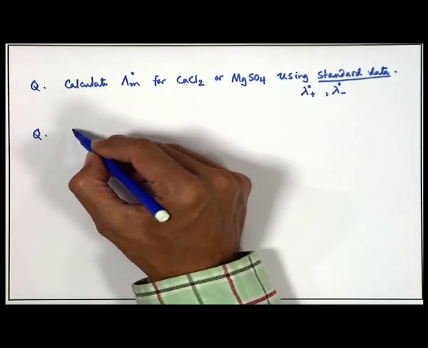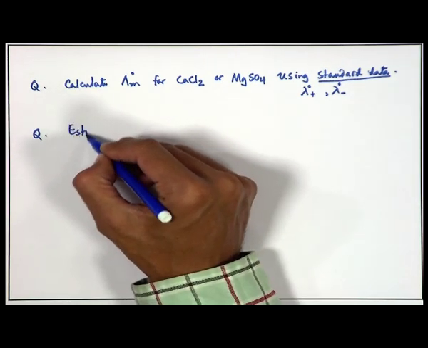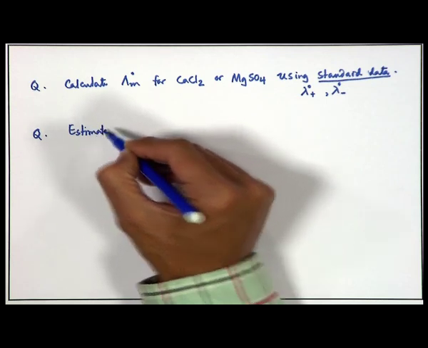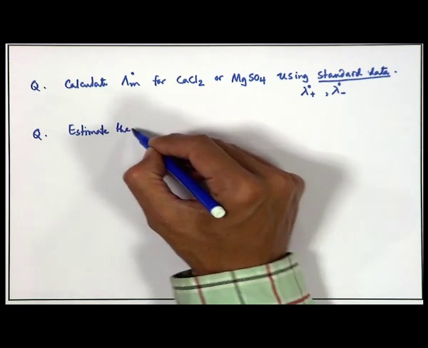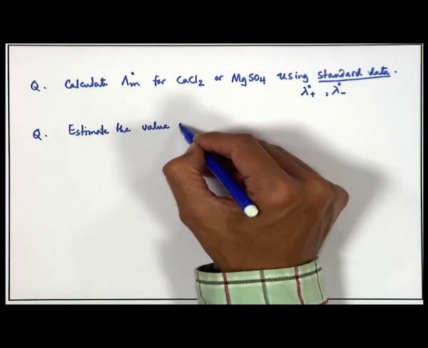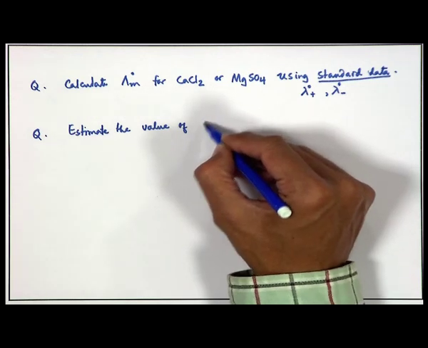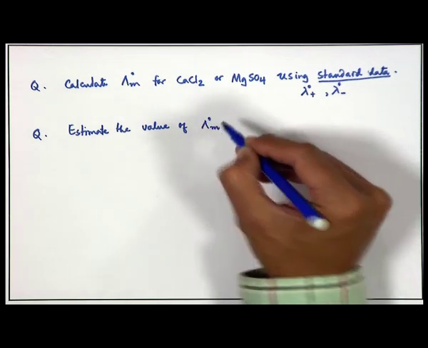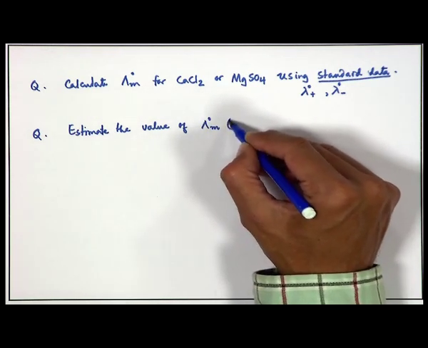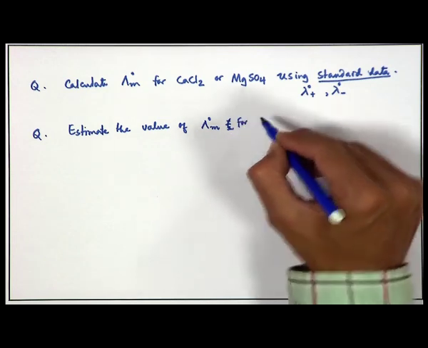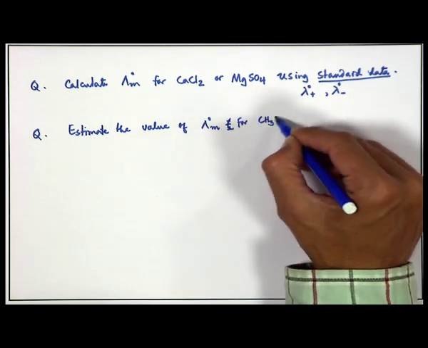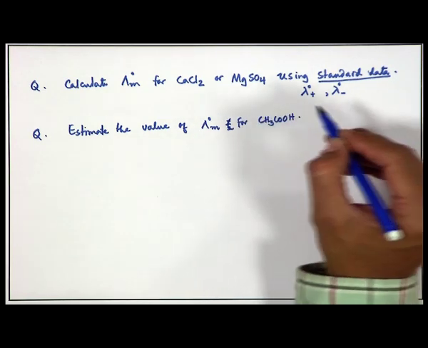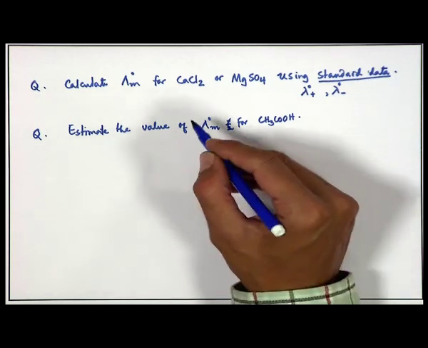Next is, estimate the value of lambda 0 m for acetic acid, for which you are given some numbers.